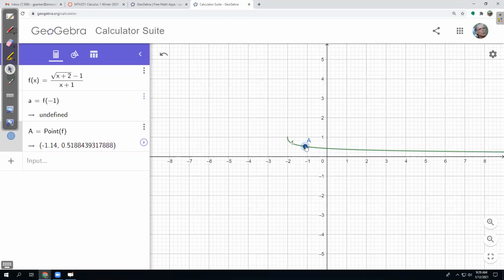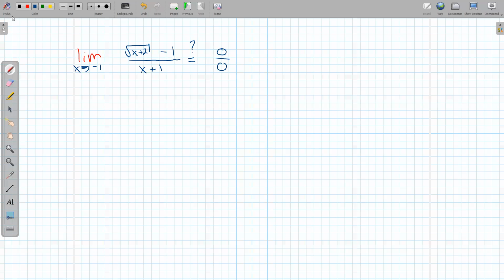If I actually get to that place, I should get no answer. It skipped right over it, but it looks like I did hit it. Undefined right there. Okay, it looks like it's around a half. I'm a little below a half there, a little above a half there. Is it a half? I don't know yet. The computer system can't tell me unless I make a careful list of values like I did in the spreadsheet the other day.